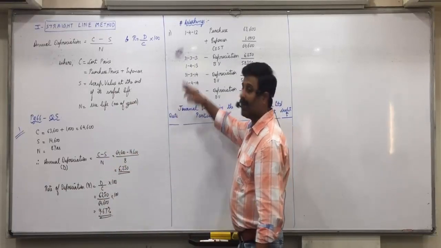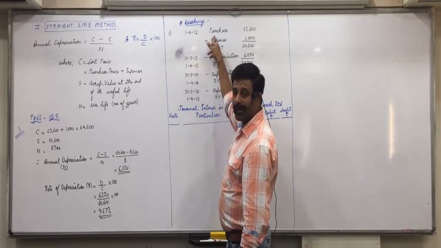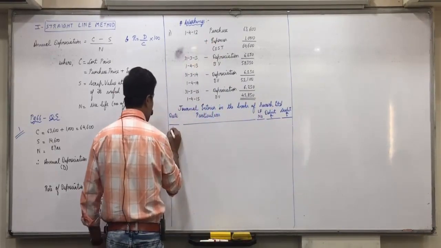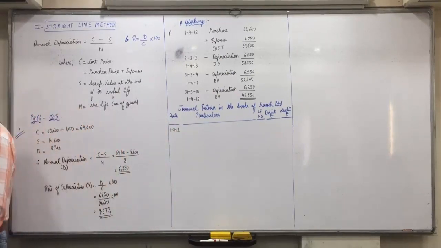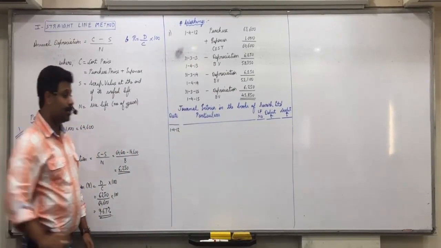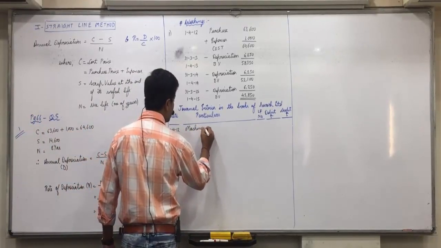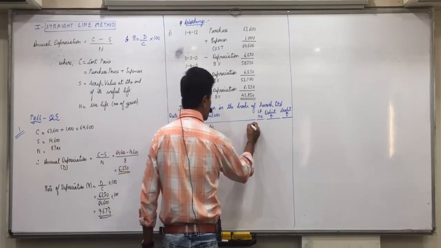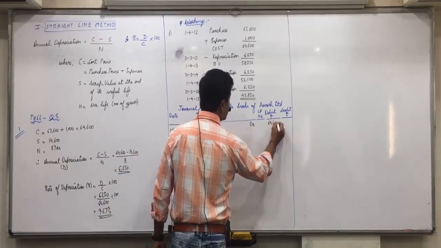See, first of all, on 1/4/2012, we have to pass the entry for purchase of asset. On 1/4/12, which asset is purchased? Machine. So what comes in, debit what comes in: machinery account debit with the cost price 64,600.